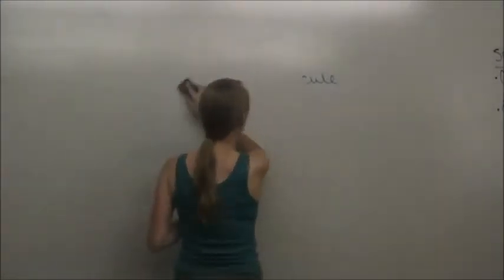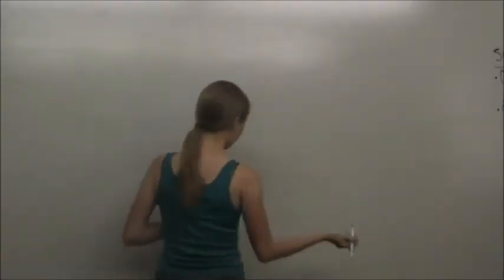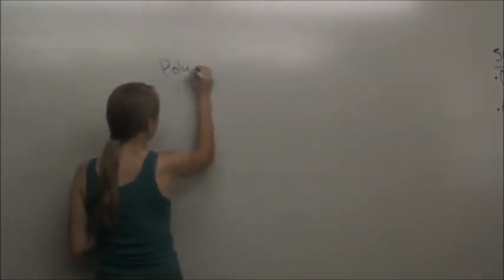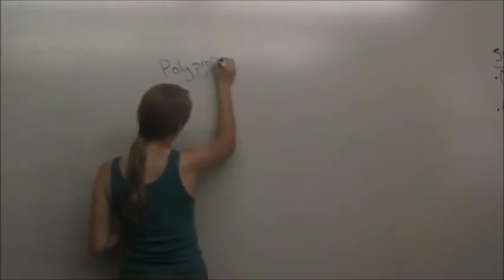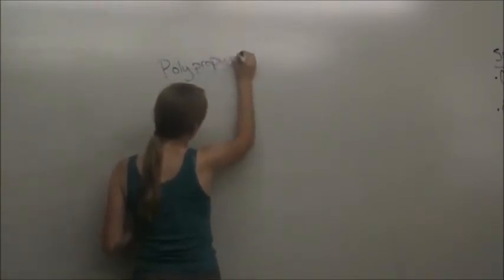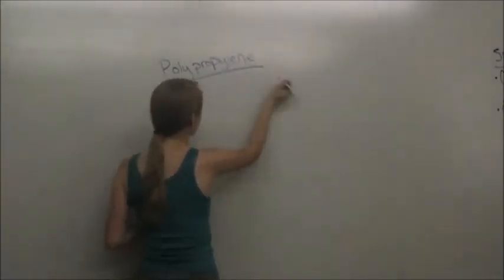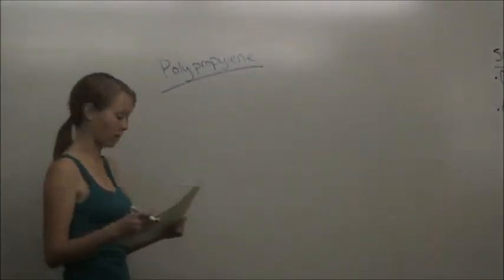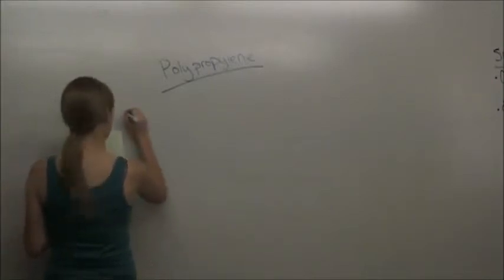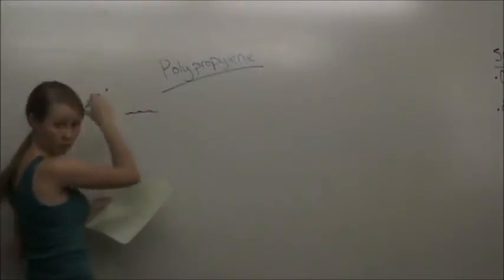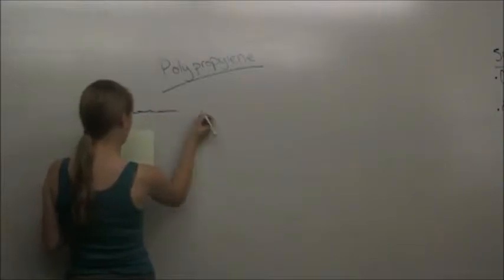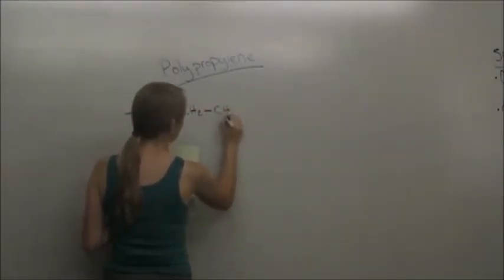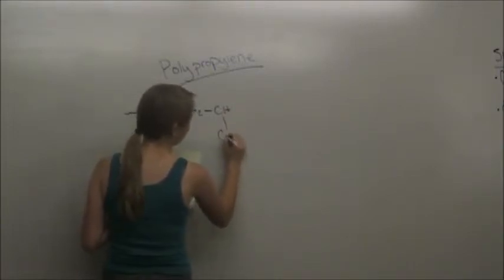Okay, so an example of a polymer is polypropylene. So let's draw this structure. We've drawn our Lewis structures in class, so we know how to do this. Our little squiggly starts it out because that shows that it goes this way. And we start our line and we go CH2, CH, and then down to CH3.